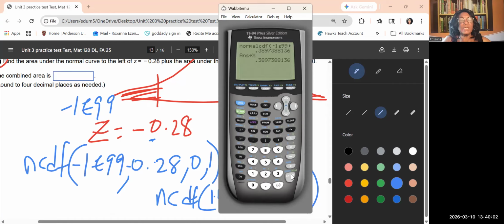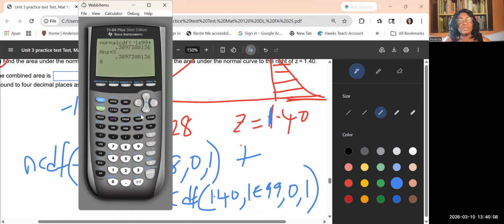Then I will find the area to the right. Move my calculator so I can see. Now, for the area to the right, I'll go back to second distribution number 2. The lower bound is 1.4, which is lower than positive infinity. So 1.4, and the upper bound is positive infinity.